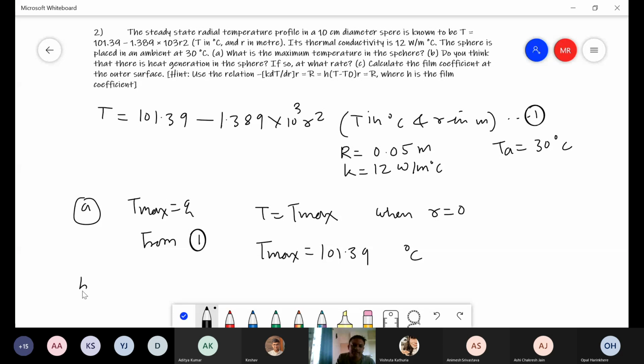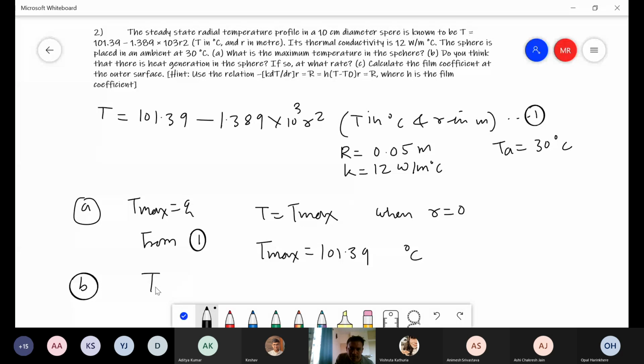Now what is being asked in the second part is, do you think that there is a heat generation in the sphere? In this particular problem, you can clearly see there is no heat coming in, but there is a constant dissipation of heat taking place, because that is the reason why the temperature at the center is maximum and the temperature is decreasing as you move along the radial direction, isn't it? Correct.